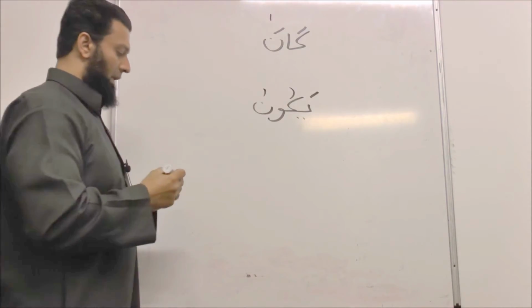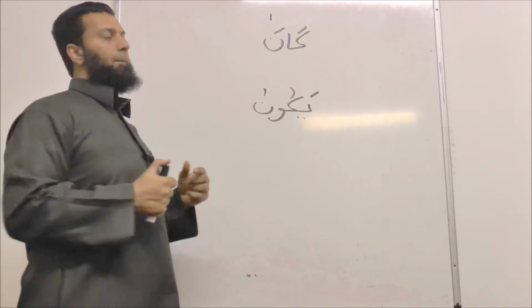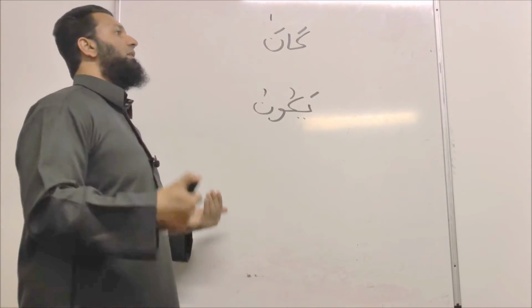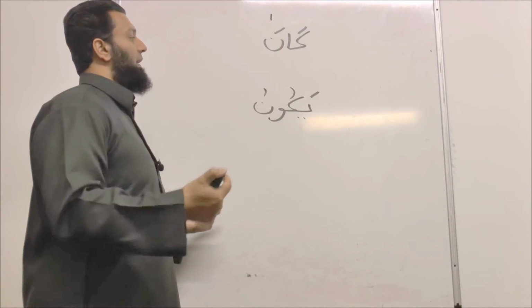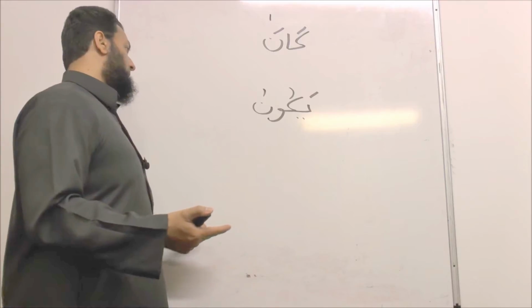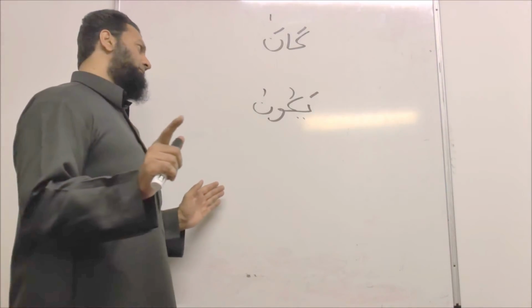So Kaana means he was. Yakunu, therefore, is the present tense meaning, which is he is. That's what it literally means.